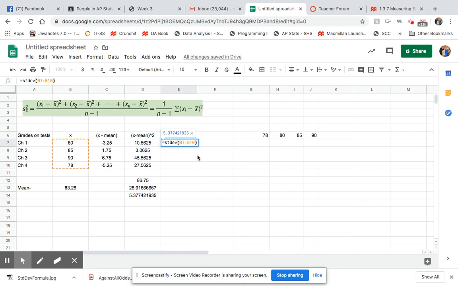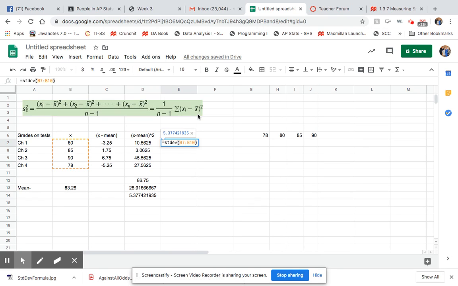So really what a standard deviation is, it's an average distance away from the mean or another measure of spread. Now standard deviation, because we're using the mean inside the formula, if I throw in a real big number or a real small number or outliers, this will be affected greatly by that.